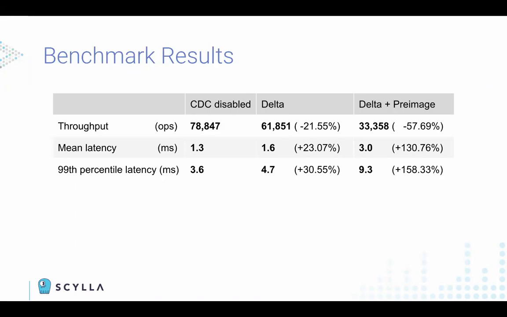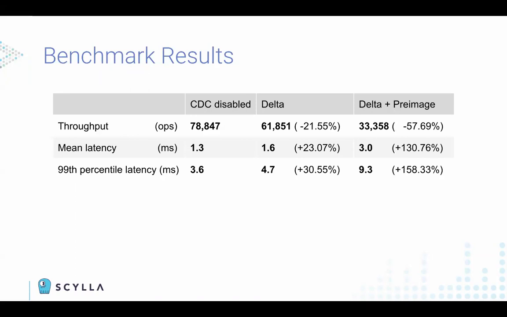At the same time, mean latency has grown from 1.3 to 1.6 milliseconds. That's 23%. And in the most difficult case, when we fetch more data, to 3 milliseconds. You can also see the 99th percentile, which increased from 3.6 milliseconds to 4.7 milliseconds, and to 9.3 milliseconds in the more demanding case.